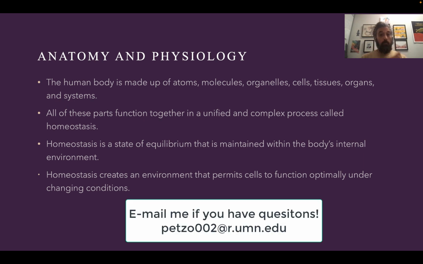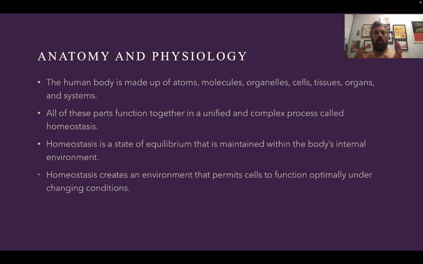Then we can go from molecules to combinations of molecules in different types of ways that will make organelles. Organelles are kind of like the organs of a cell, which then you get to a cell. A lot of cells make up tissues. Specific types of tissues in combination make up an organ. An organ then makes an organ system, and then you have the body.